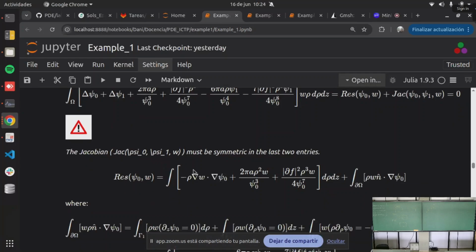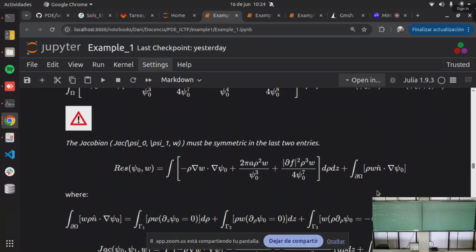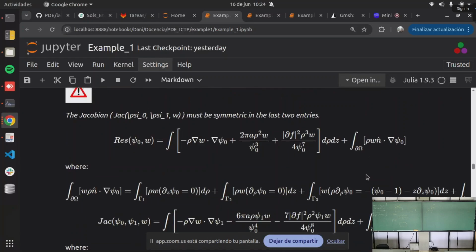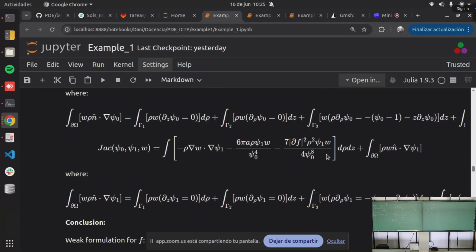The residual part collapses all the information of the boundary conditions, the Neumann part and the Robin part as well here, and the Jacobian part, this term, collapses all the information of the boundary conditions for the correction.